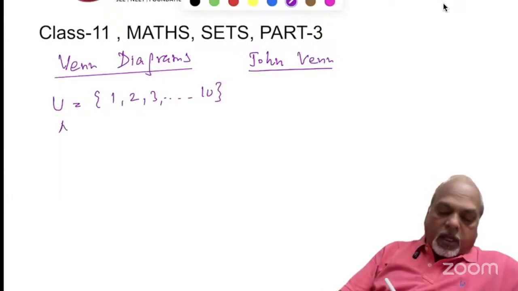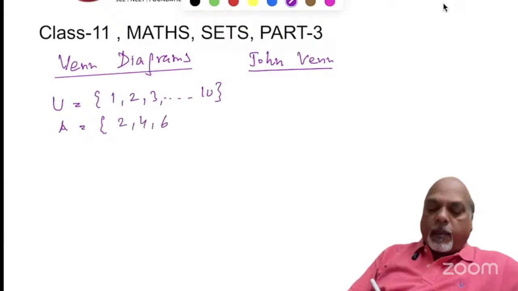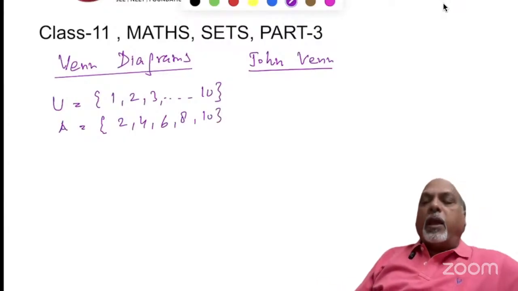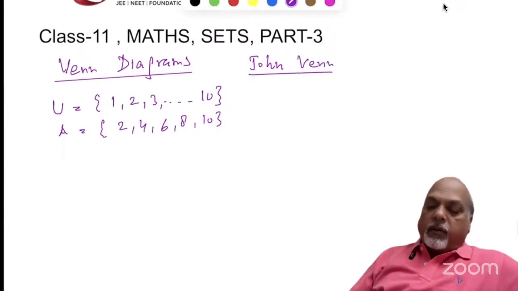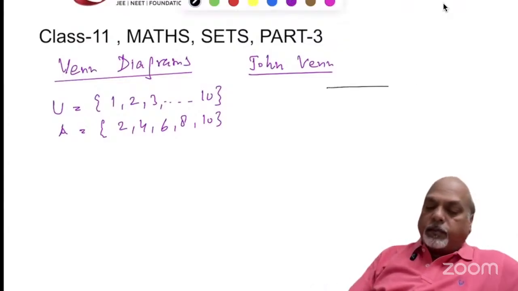And A is a subset of this. So pictorially, we can show it like this. We have to make a Venn diagram.